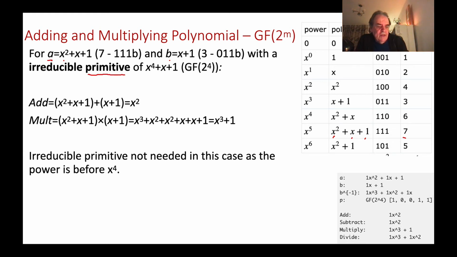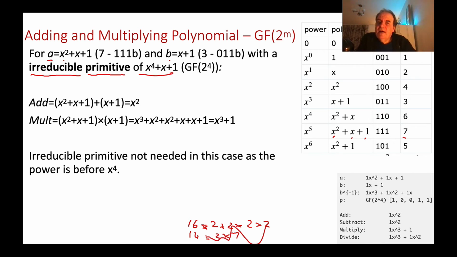In this case, it's called an irreducible primitive, and it's a bit like a prime number in our normal representation of integers. If we have a value of 16, it's equal to 2 times 2 times 2 times 2. 14 becomes equal to 2 times 7. Every value is represented by the multiplication of prime numbers. In this case, our primitive is a value that's like a prime number. It cannot be factorized into other polynomials.